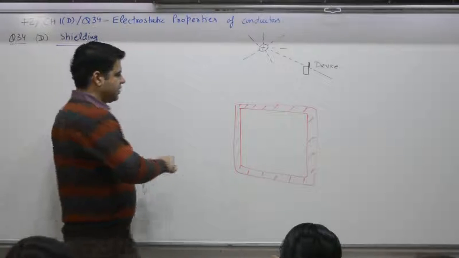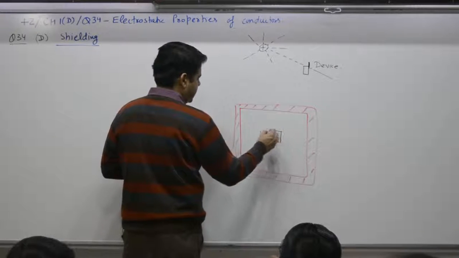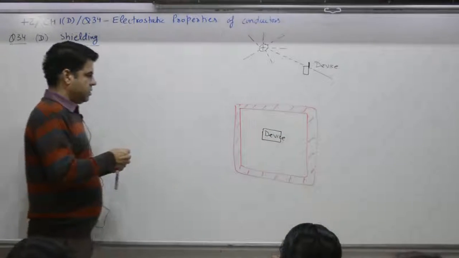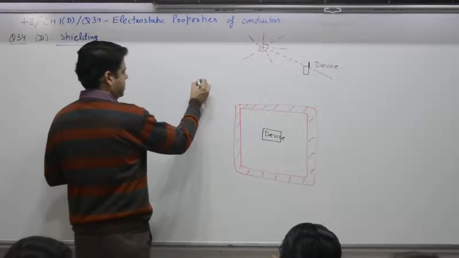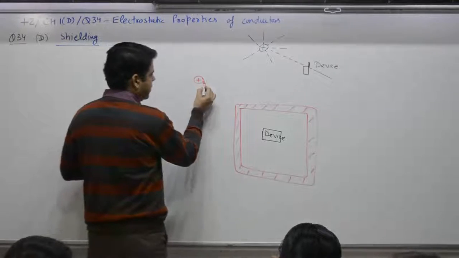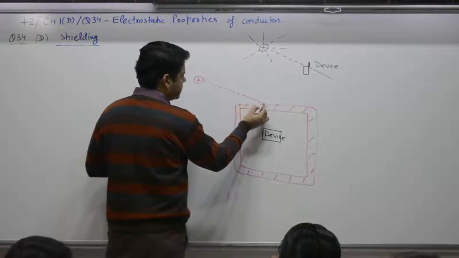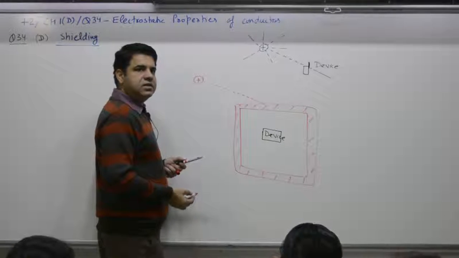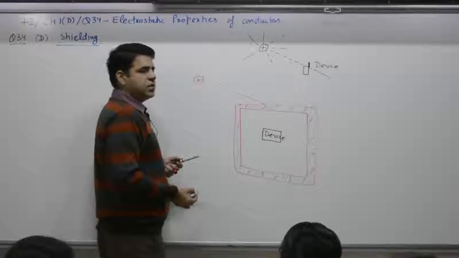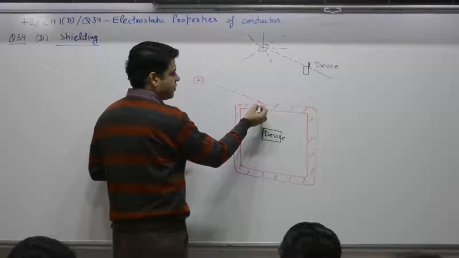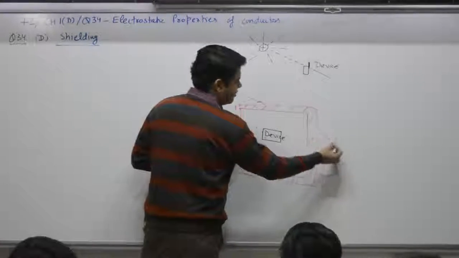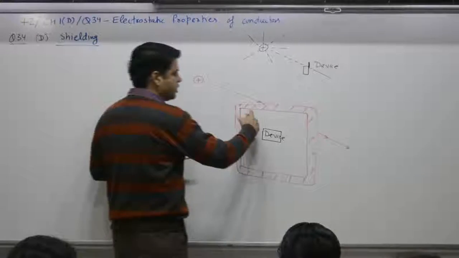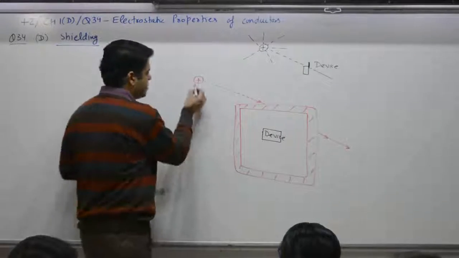If you place any device inside, if there is any noise, electric field line will hit the surface. What is E inside conductor? 0. So this line will approach this and will leave at some other point. But line passing through inside will be 0.